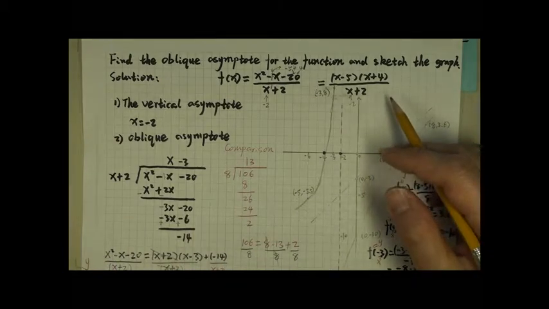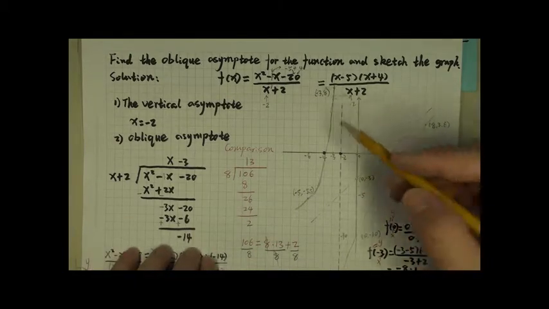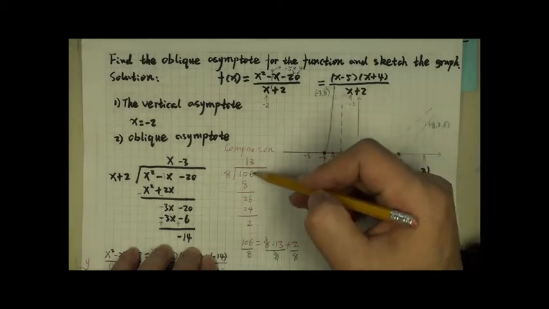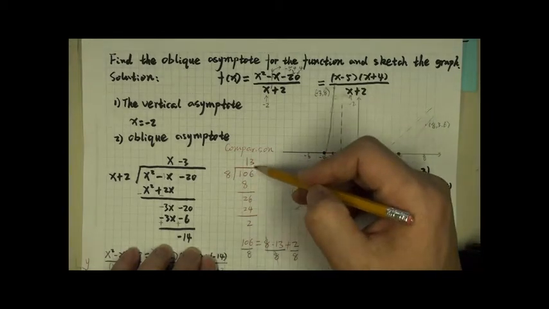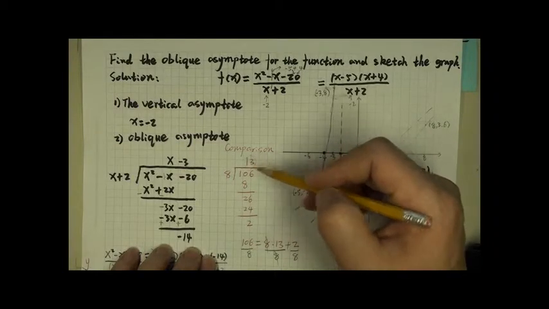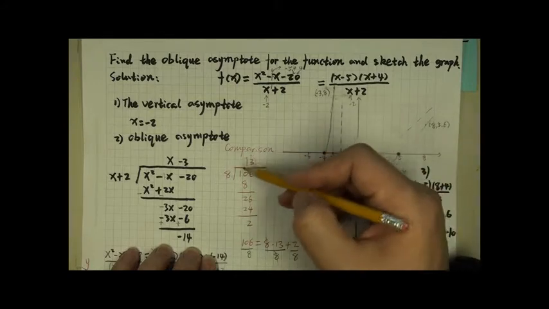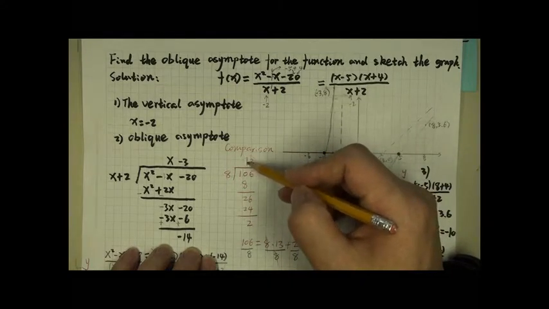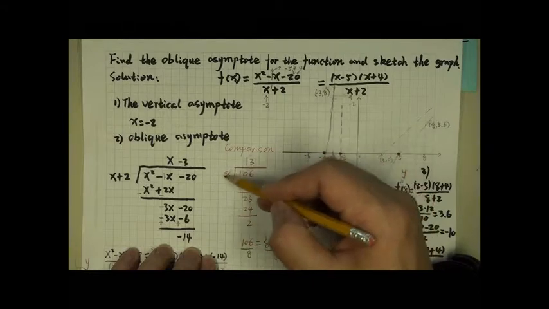So I just want to recall it. 106 divided by 8 equals 13. The quotient is 13. Okay. So how did we get that? You put 1 here, 8.